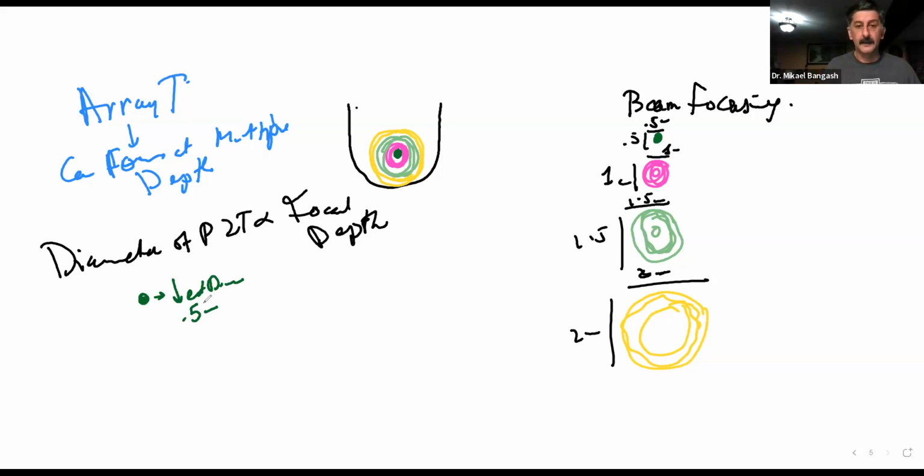Which means this is going to have the shallowest focal depth. Let's just say that it focuses at 0.5 centimeter as well.